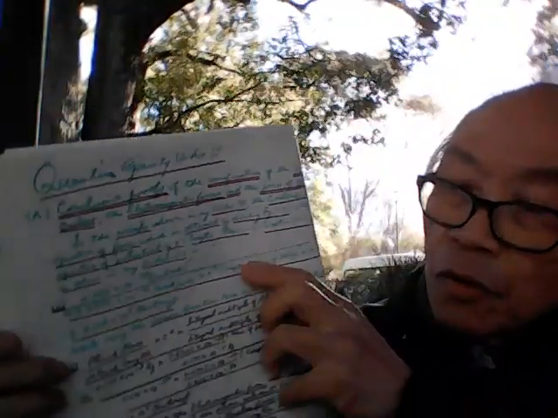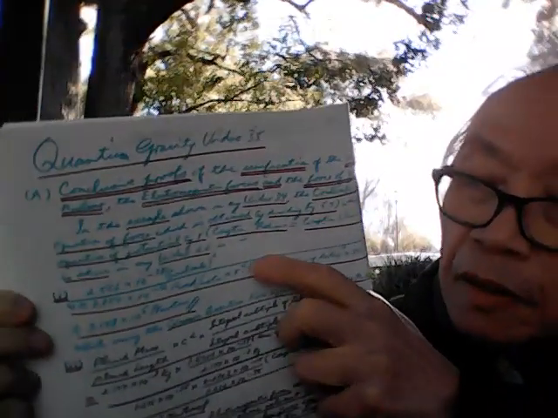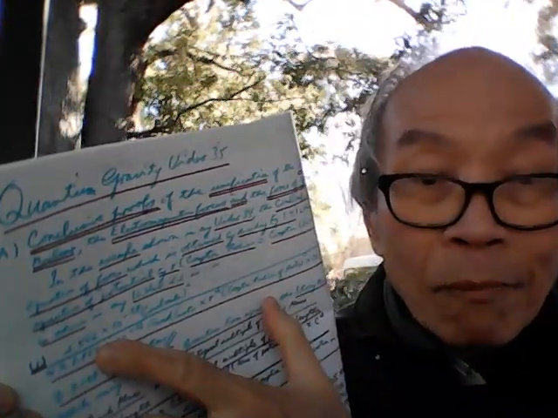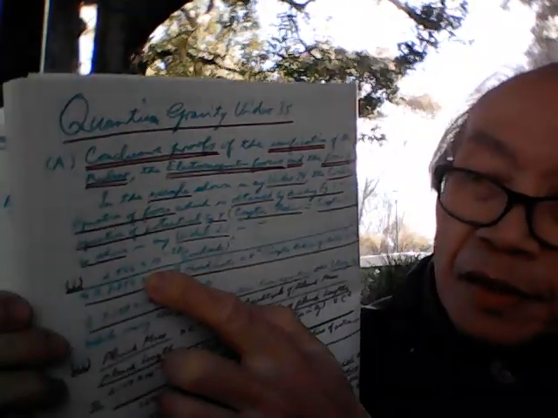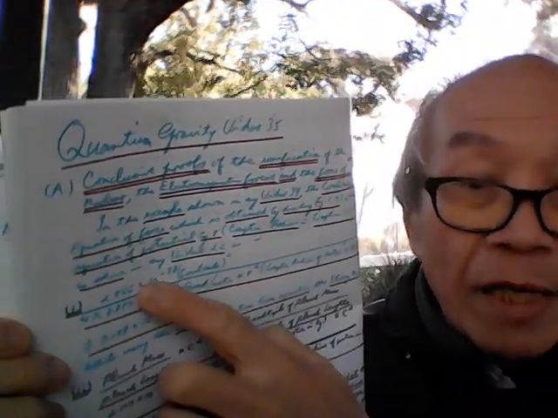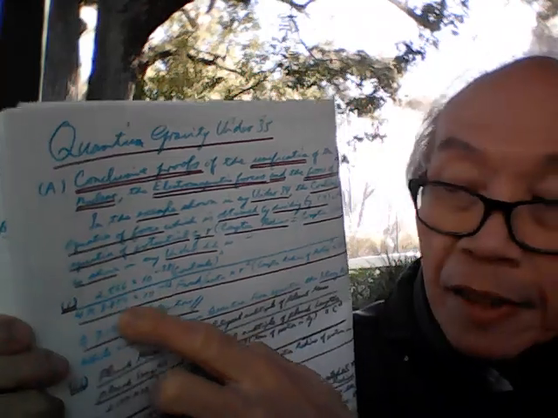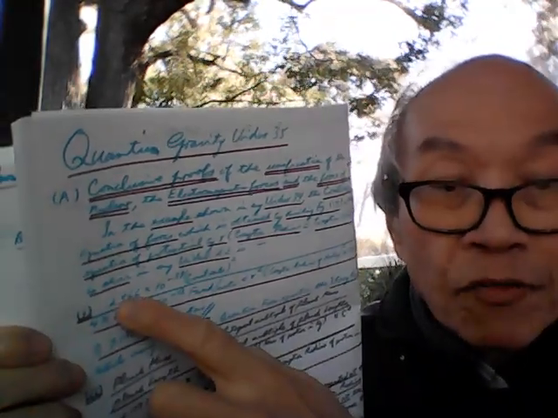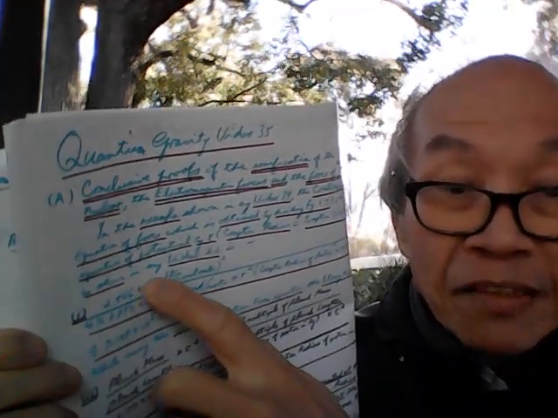And I will also show you the result of using the Coulomb's law, which I have just shown you. This is E squared. E is 1.602 times 10 to the power minus 19.